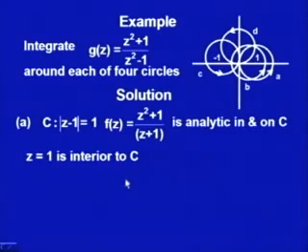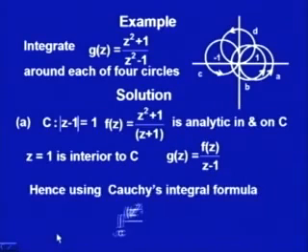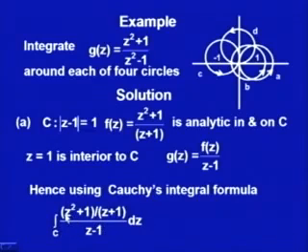Now I use the Cauchy integral formula, g(z) as f(z) upon z minus 1. Using this, I would get z square plus 1 upon z plus 1 divided by z minus 1, that is f(z) upon z minus 1 dz. This should be 2 pi i into f(z naught). What is z naught? z naught is 1 and f(z) is this.